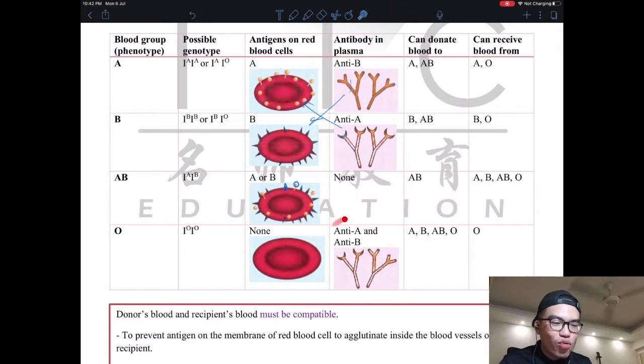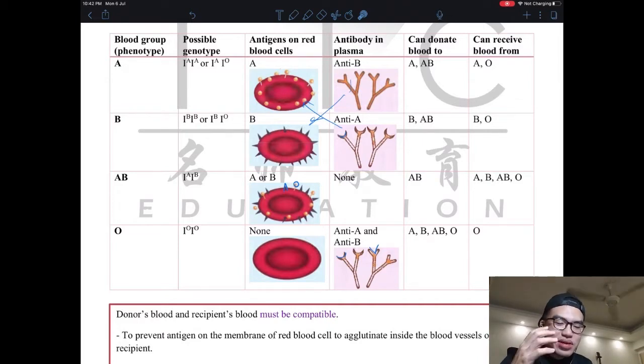Means I will fight whatever round shape or triangular shape that enters my body. That's why if I'm O, I get it from A, which has the round marker, I will fight A. If I get B, which is the triangular marker, I will fight B. If I get AB, it has both, of course I will fight AB. So that's why O, you can only get it from O. Because O has no marker, it will not make your blood freak out.